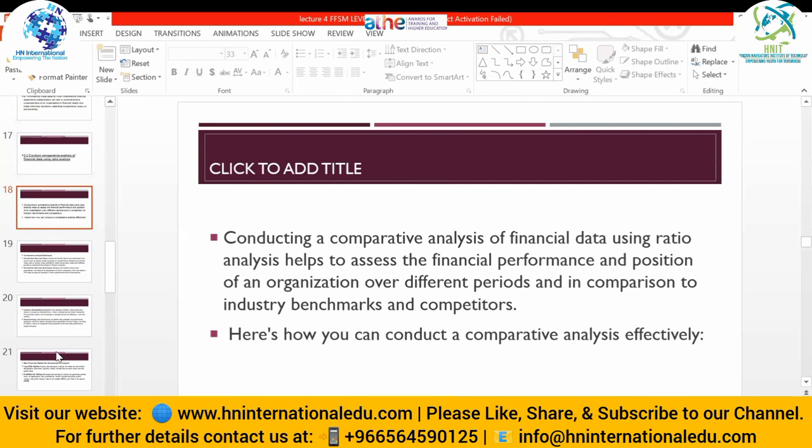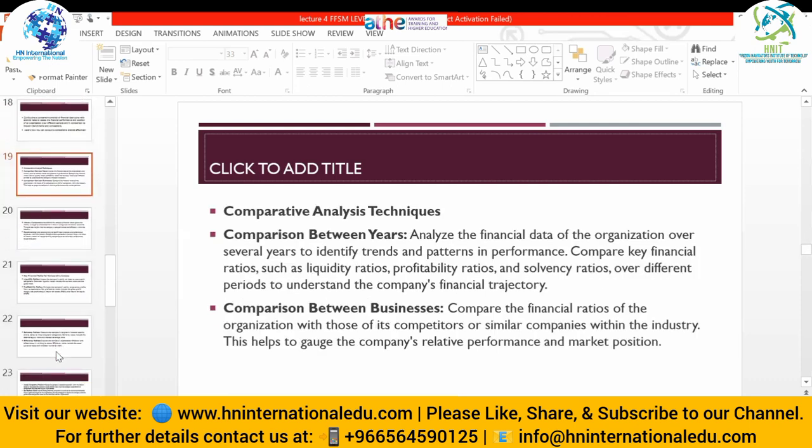Here is how you can conduct a comparative analysis effectively. Comparative analysis techniques. The first one is comparison between years. Take the financial data of the organization over several years to identify the trends and patterns in performance. Use key financial ratios such as liquidity ratios, profitability ratios, and solvency ratios across different periods to understand the company's financial trajectory.